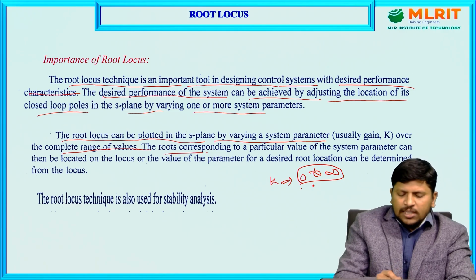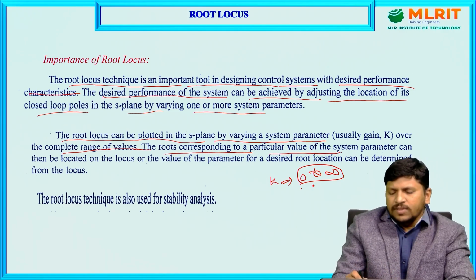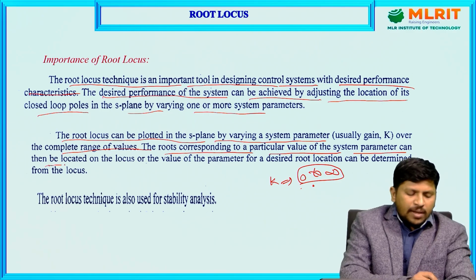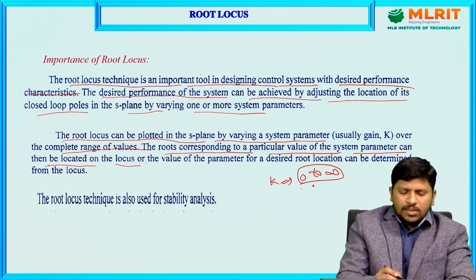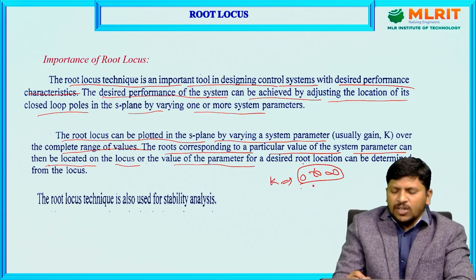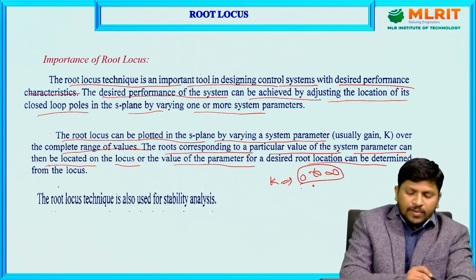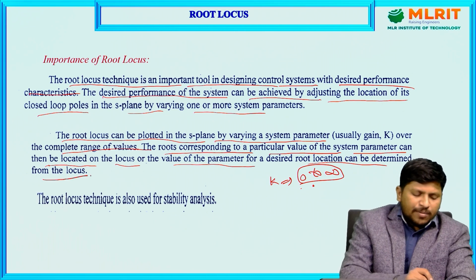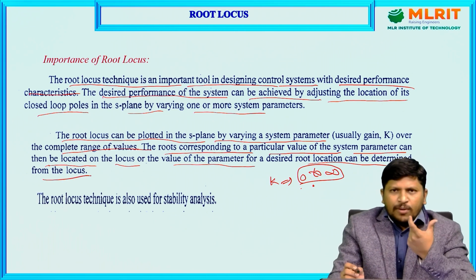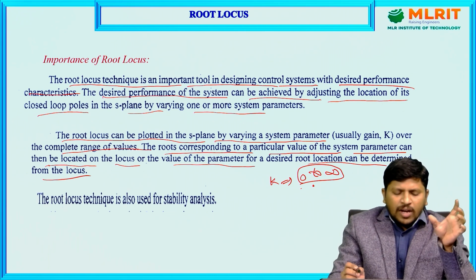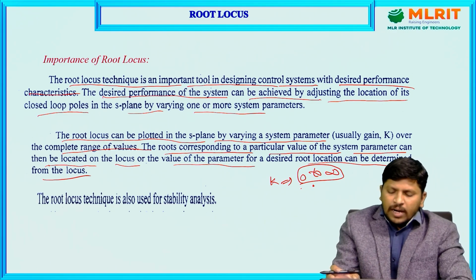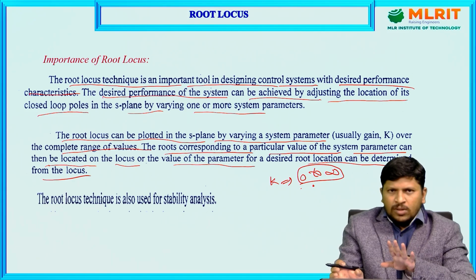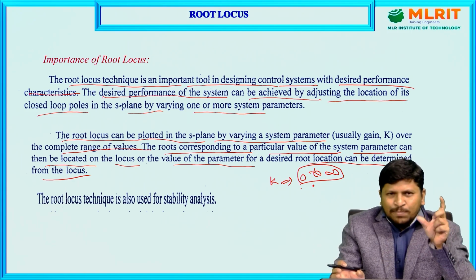So the roots corresponding to a particular value of the system parameter can then be located on the locus, or the value of the parameter for a desired root location can be determined from the locus. From the root locus, we are going to determine the location of the roots or poles on the S plane.